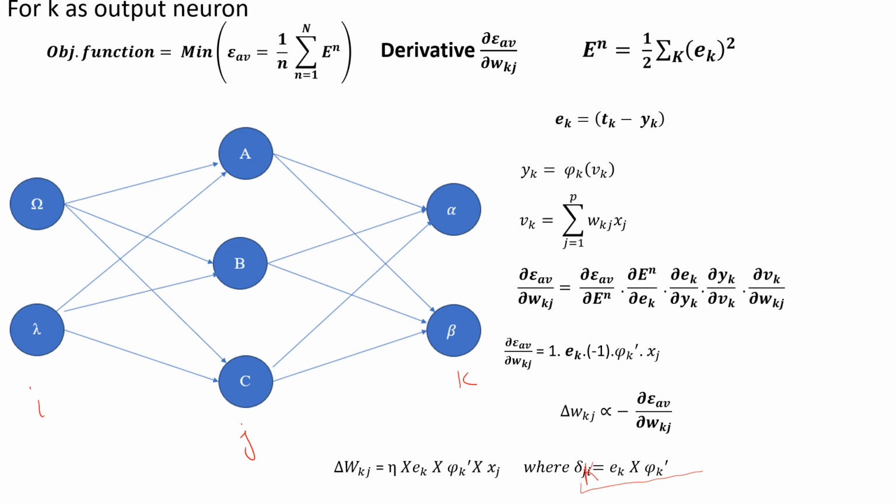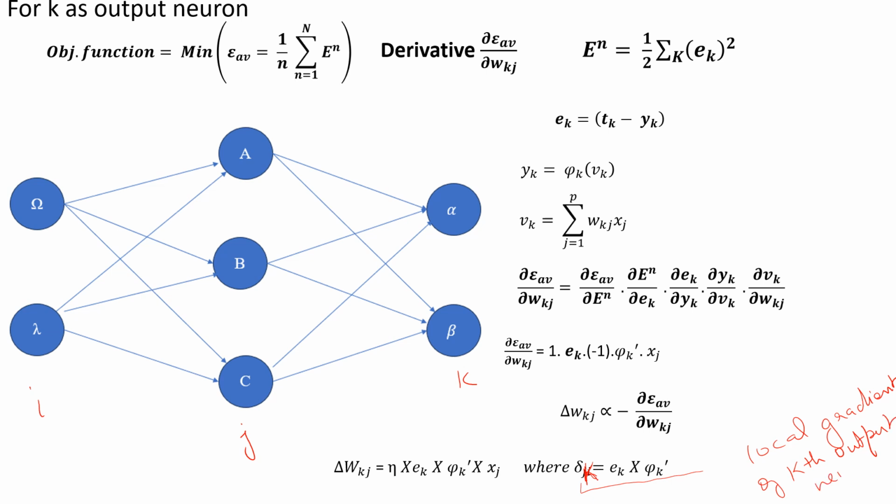Please correct it. Delta of k is the local gradient of the kth output neuron.